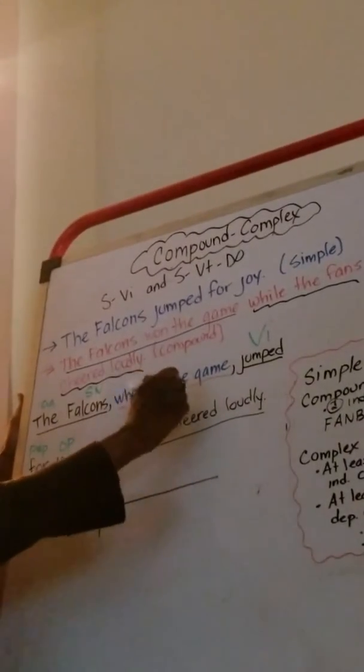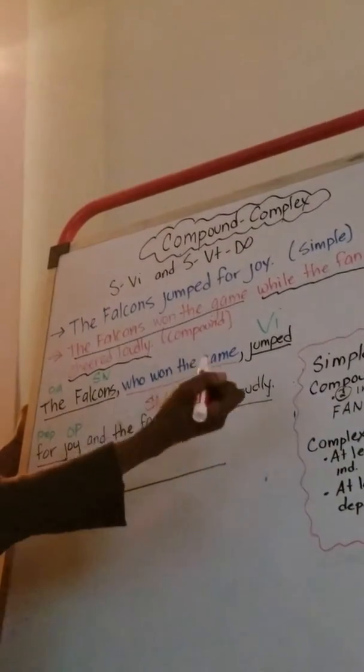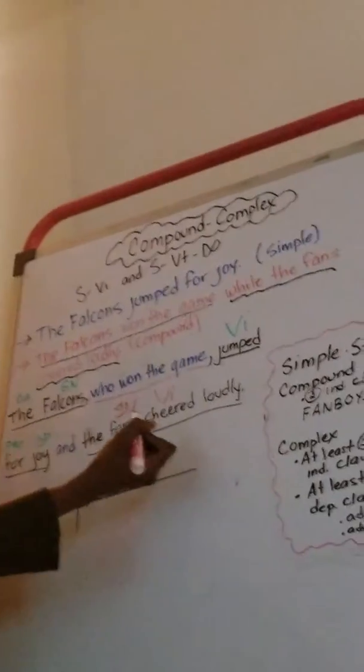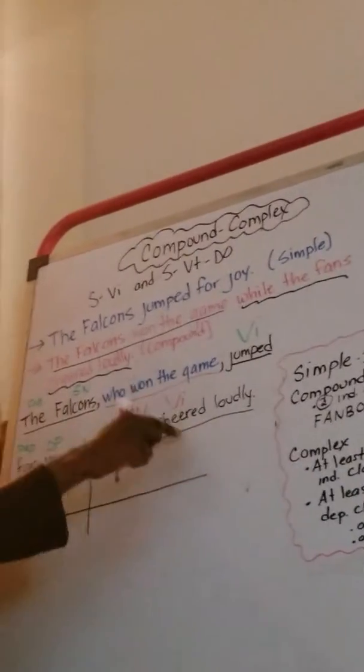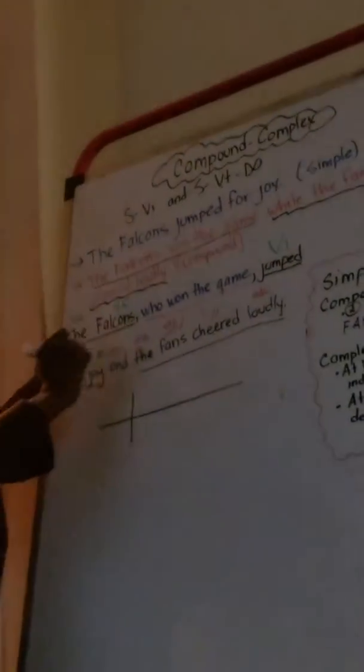Cheered, verb. Fans cheered what? There is no noun, so this is another intransitive verb. Cheered how? Loudly. That's an adverb, another modifier. The would be our adjective article. This would be our coordinating conjunction, our FANBOY.